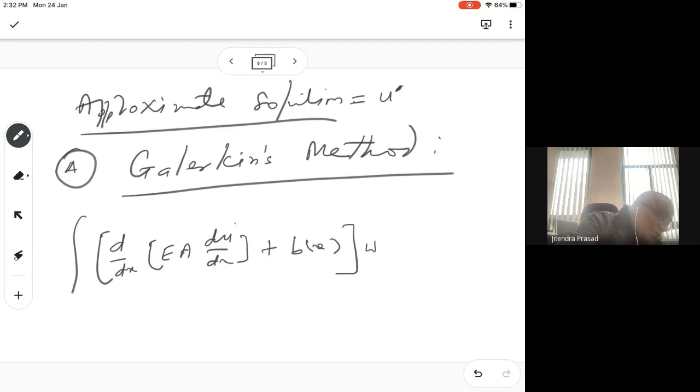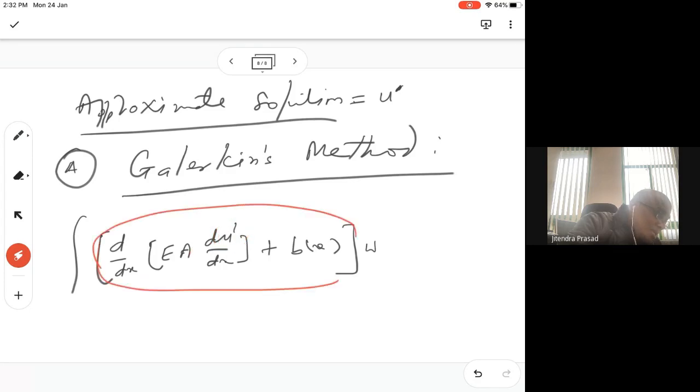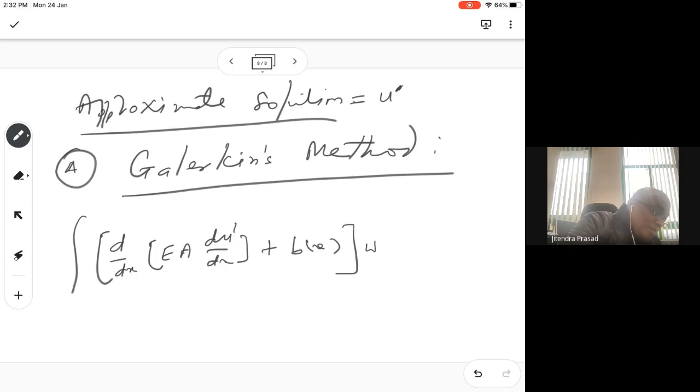Remember, because this is an approximate solution, instead of u we put u dash here. We have this multiplied by w times dx equal to 0.